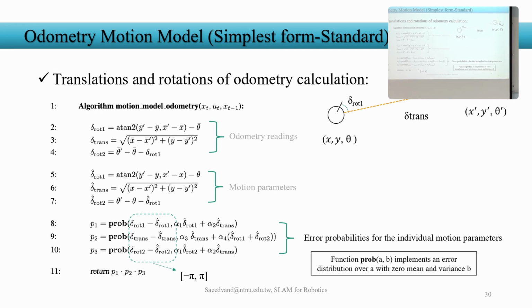So now the question is, let's say the robot moves on a curve like this, how can we consider that, do you think? Because this is the simplest form, very simple. We calculate everything like rotating, moving forward, and rotating again.